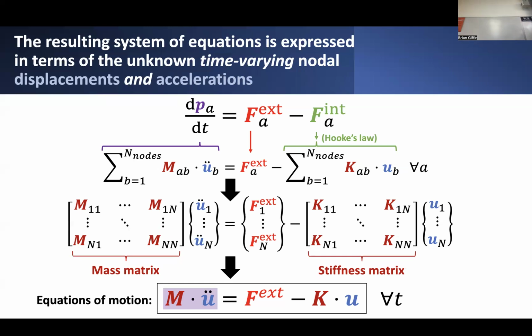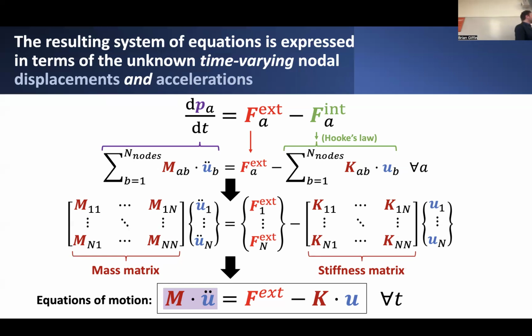In that case, if we had a quasi-static problem, this whole matrix and vector on the left-hand side would just be equal to 0, and all we'd be left with is Ku equals F external, right? And that's statics, basically. Now we say, let's introduce this dynamics, inertial term, and we have this now mass matrix times this vector of all of the nodal accelerations.